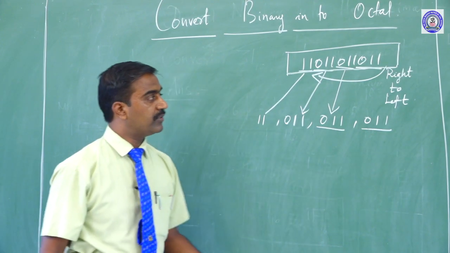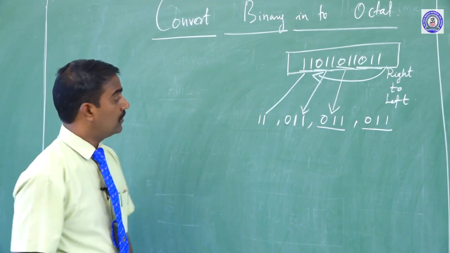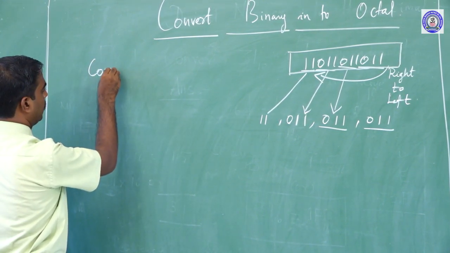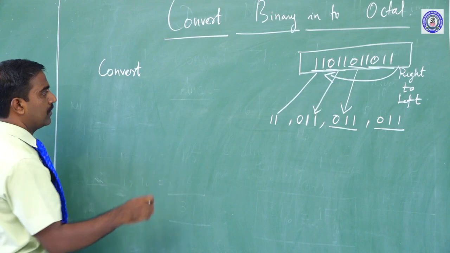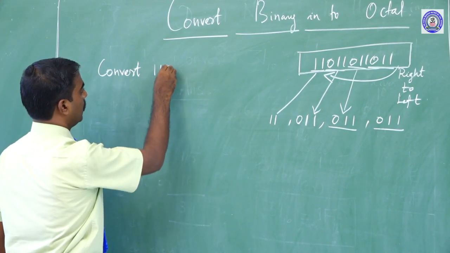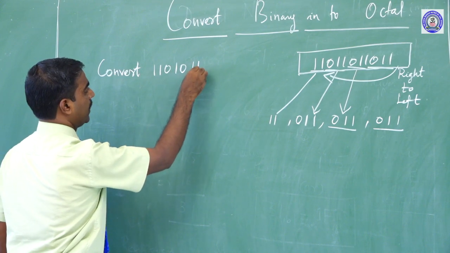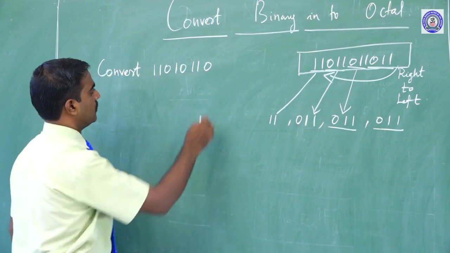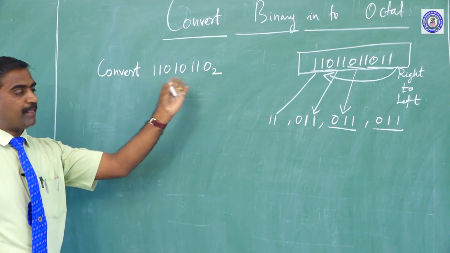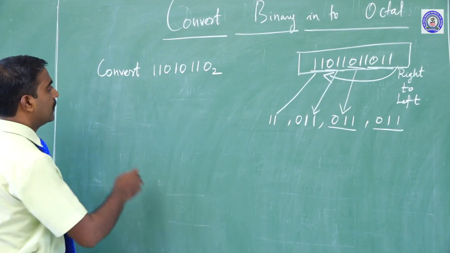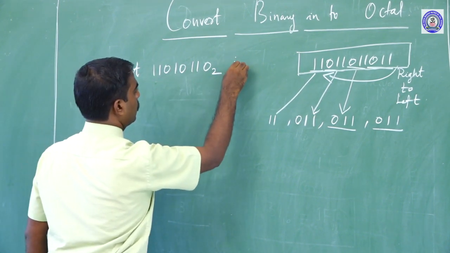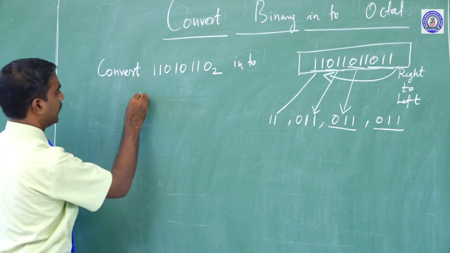Clear? Sanjay, you say any one different example. Convert to octal. What number? 1 1 0 1 0 1 1 0 base 2. This is the given number. How to convert this number into octal?